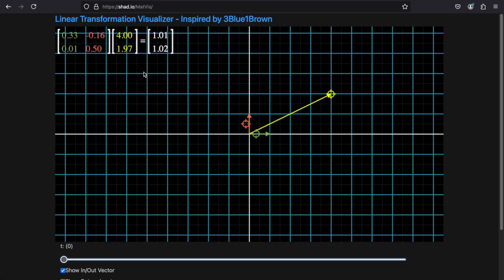In the same visualization tool, I have this inverse, converted into float. 1 by 3 is 0.33, minus 1 by 6 is this, 1 by 2, and this is 0. In this tool we need to drag and drop, and there is no way to enter the values as far as I know, so it's very difficult to get a pinpoint 0, but right now you can assume it's 0.